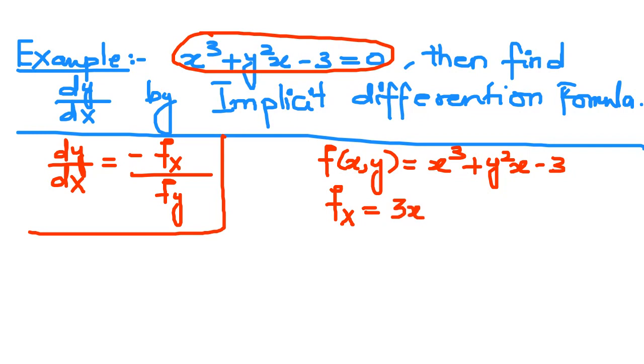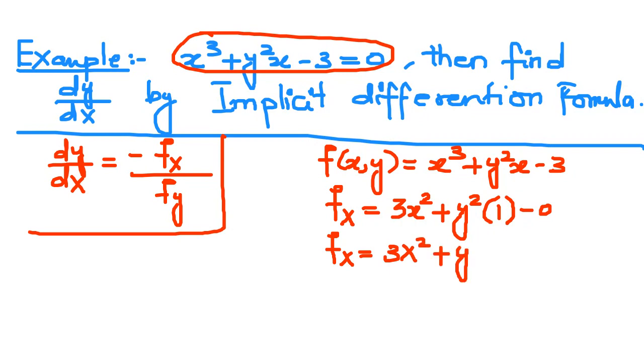3x power 2 plus y square, and what is the derivative of x? That is equal to 1. And what is the derivative of 3? That is equal to 0. So the partial derivative with respect to x is 3x square plus y square.